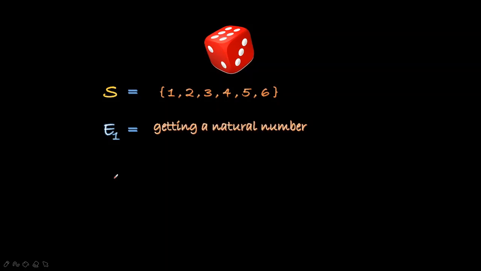Now let us do a question. We have a dice and we are rolling it. The sample space is of course 1, 2, 3, 4, 5, 6, because those are the only 6 numbers. Now my event is getting a natural number.